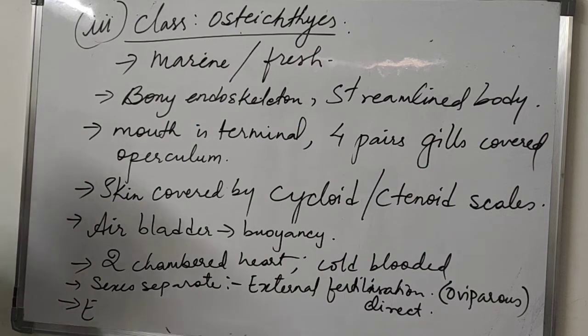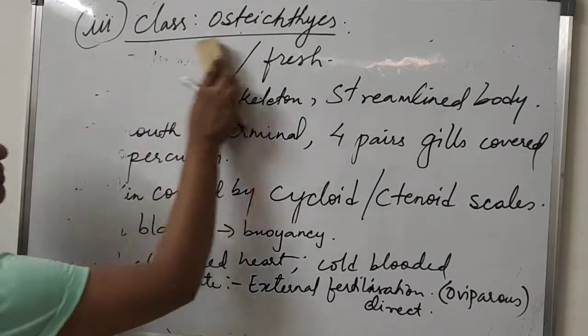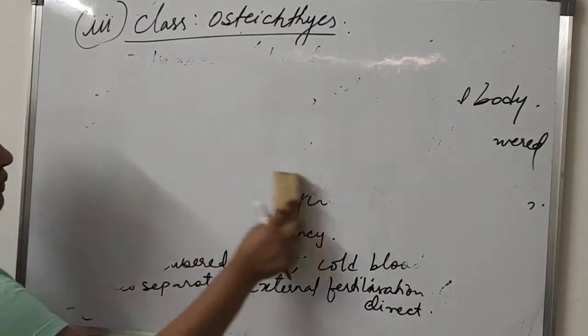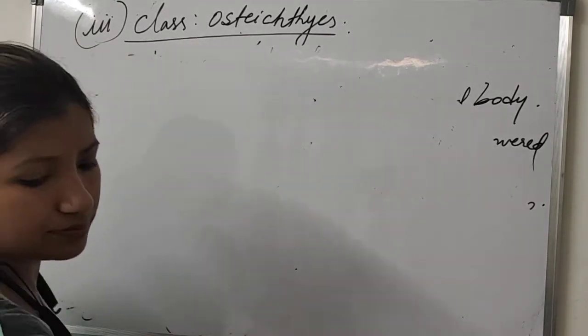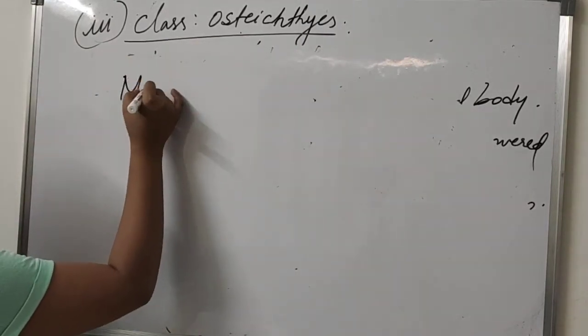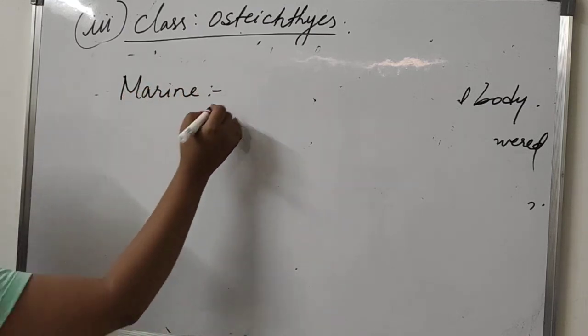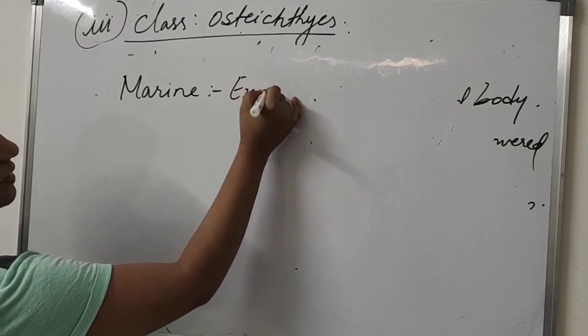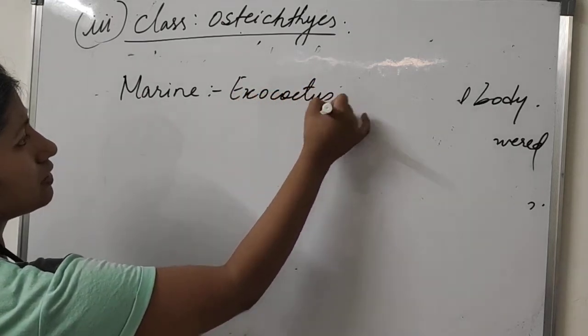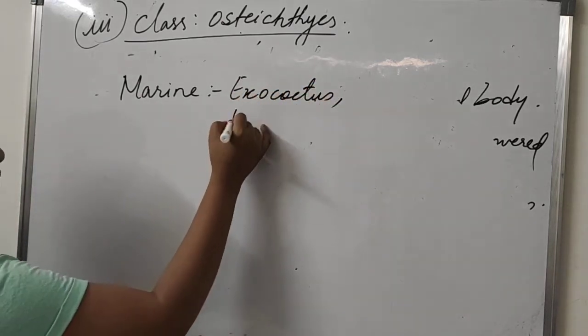Now, there are several examples we will see: marine examples, freshwater examples and aquarium examples. Some marine osteichthyes are Exocoetus and Hippocampus.